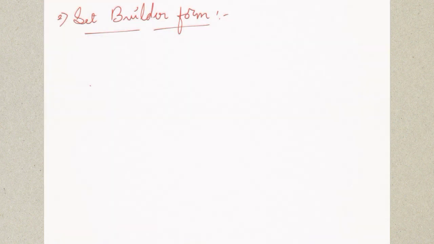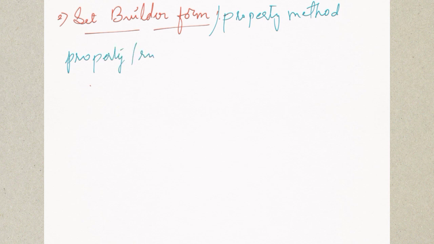Now we will see the second form, that is set builder form or property method. In this method, what we do is we just write down a property or rule for that particular set, a property or rule which gives us all the elements of the set. Using this property we can find out all the elements of the set.